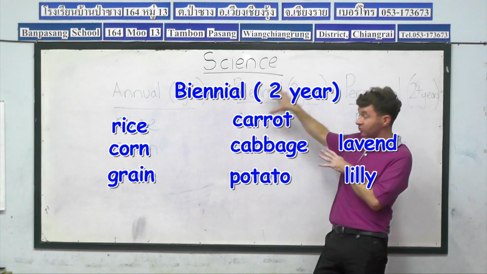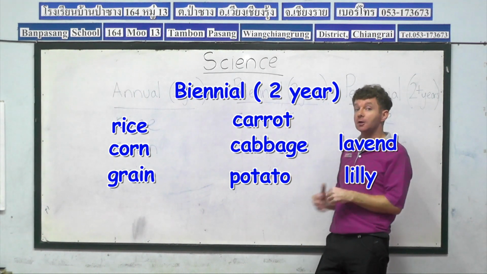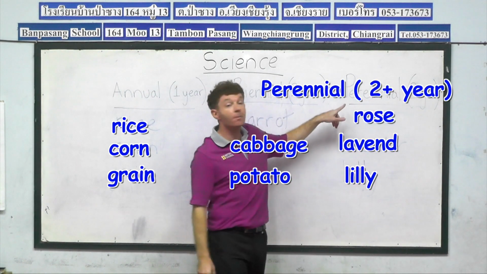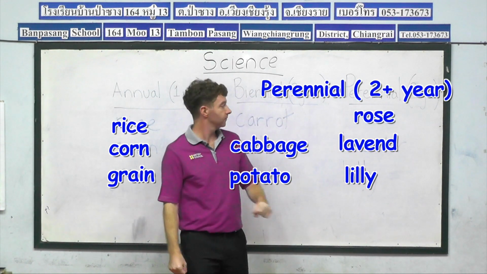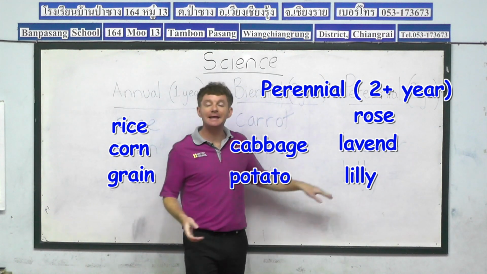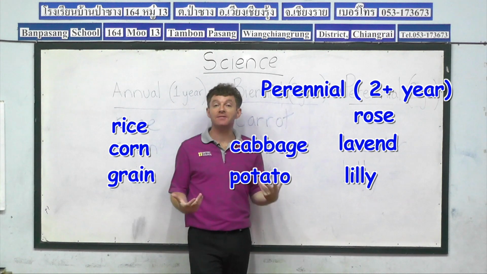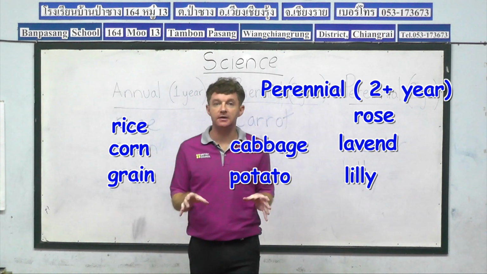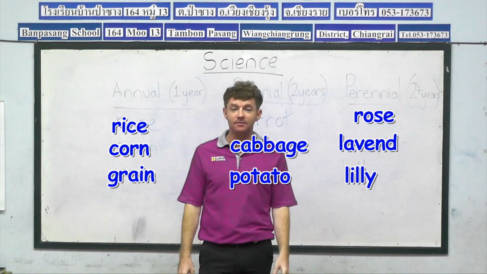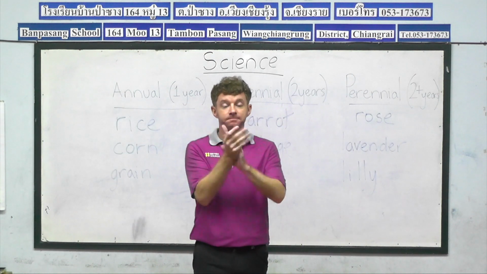And vegetables usually consist of a life cycle of 2 years, biennial. And then we had perennial, rose, lavender, lily. These are plants that live for more than 2 years and are called perennials. But guys, that was excellent. Very well remembered. Well done.